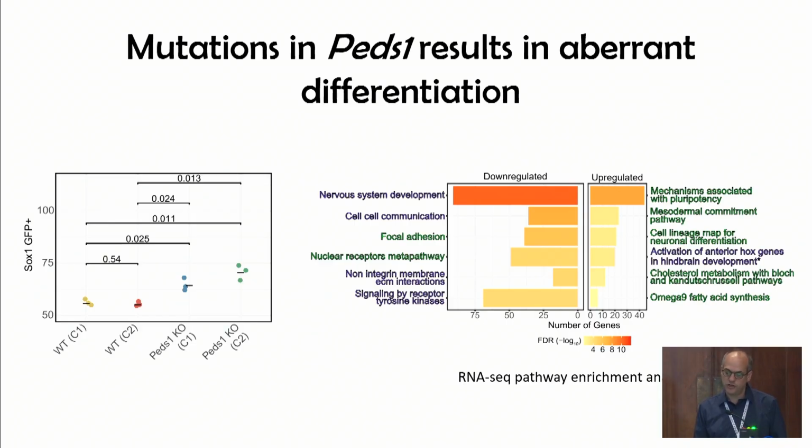We see downregulation of nervous system development, for example, and upregulation of genes that are involved in pluripotency, mesodermal commitment, some activation of Hox genes, but also upregulation of genes that are involved in cholesterol and fatty acid metabolism, which makes sense. We then went to look at the effect of PEDS1 in vivo.